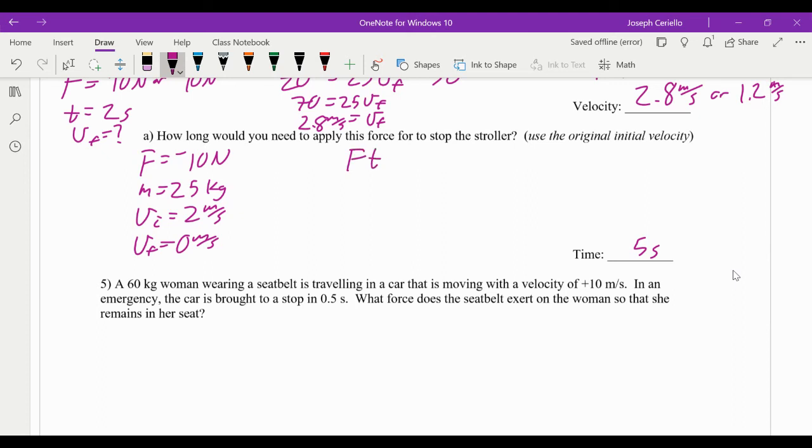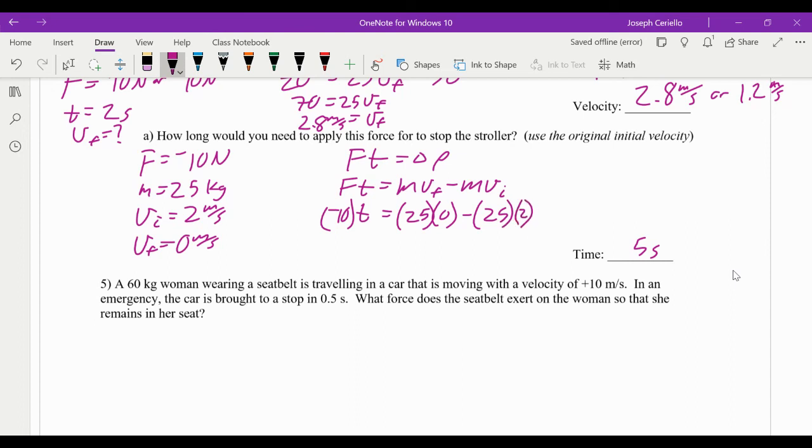So Ft equals delta P. Negative 10 T equals 25 times 0 minus 25 times 2.